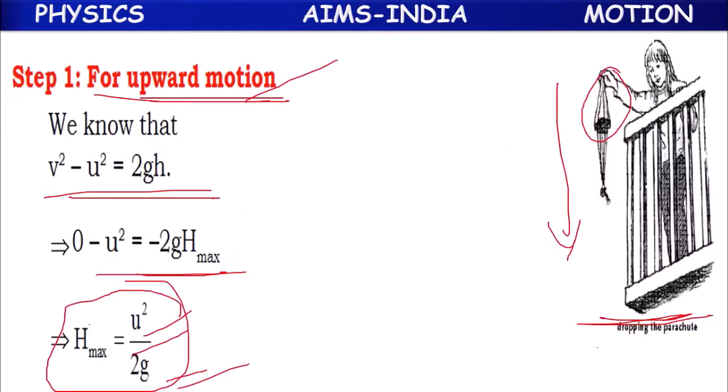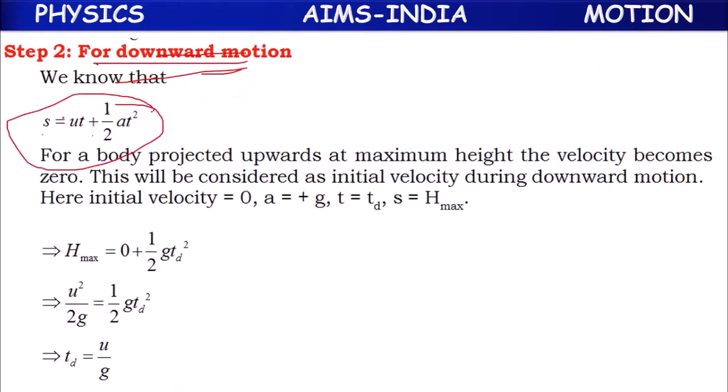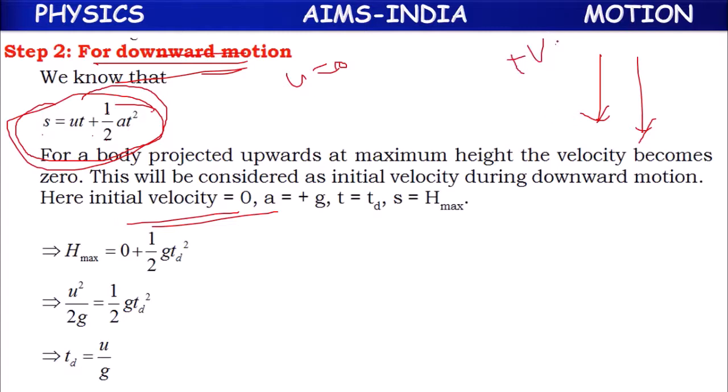While dropping down, beginning velocity will be 0. So in s equal to ut plus half at square, beginning velocity u equal to 0. As it is falling down, the attraction force is also downward, so g will be positive.